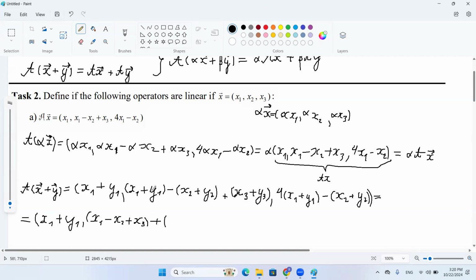And y1 minus y2 plus y3. And here for x1 minus x2 plus for y1 minus y2.